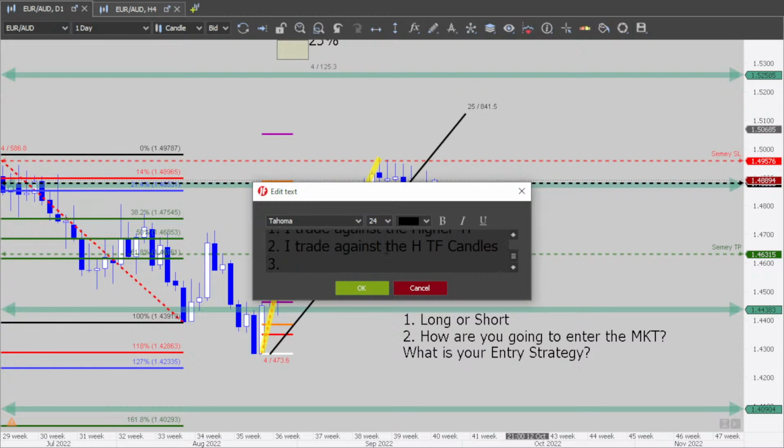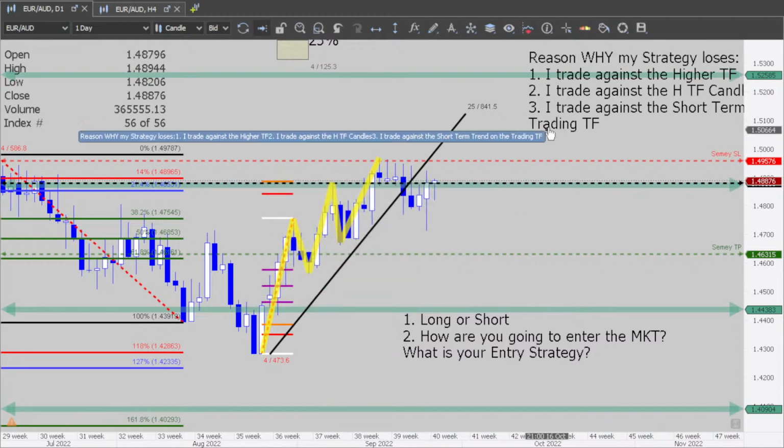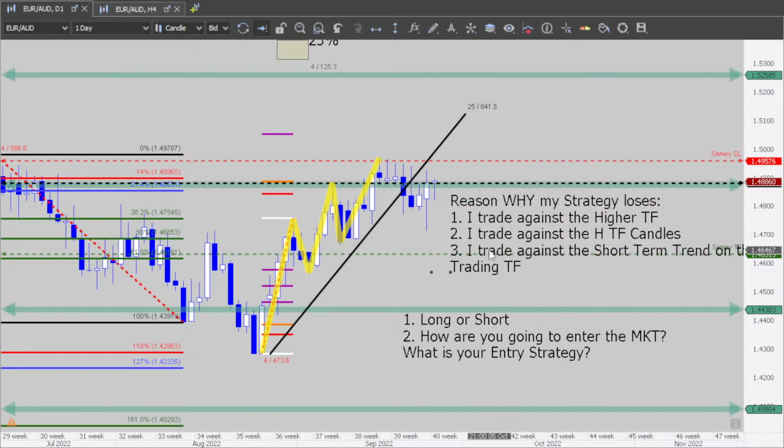Number 3, I trade against the short-term trend on the trading time frame. Dancy says higher time frame controls lower time frame, and trading against the short-term trend makes it hard.